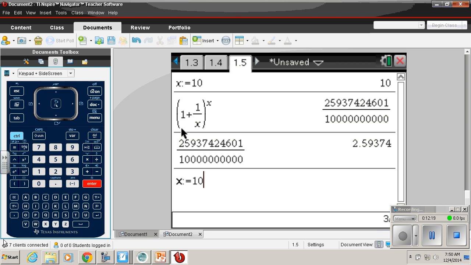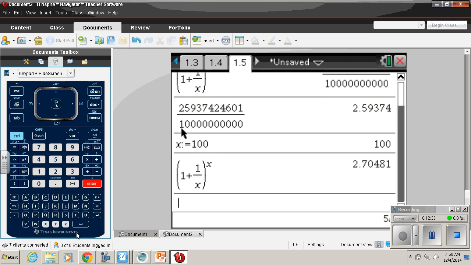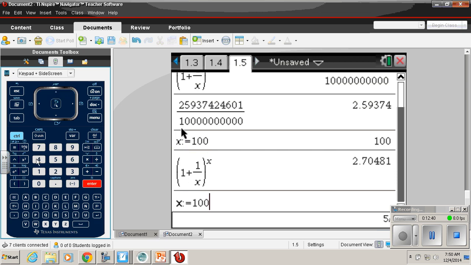I don't have to do 100, I could do 500 if I wanted, or 502, 607, anything. Just getting it bigger, bigger, and bigger. So let's do 100. 2.7, okay. Maybe it's approaching 2.7.